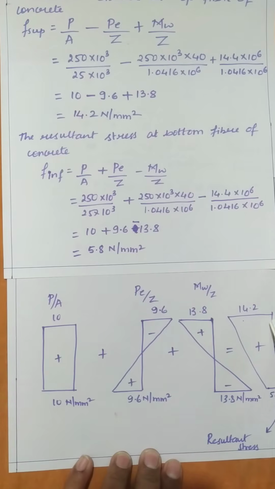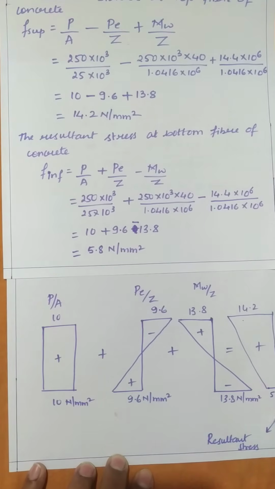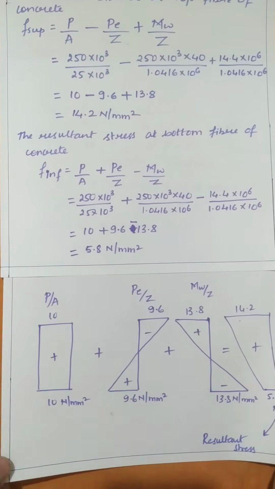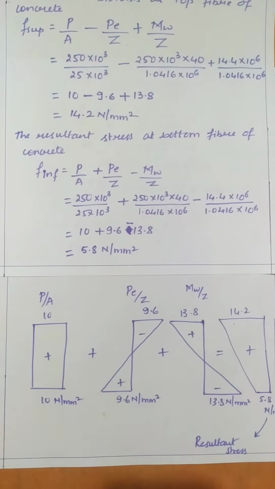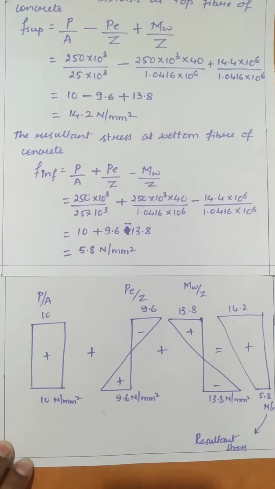Draw a vertical line, and towards left it is 14.2 at top fiber, at bottom 5.8 Newton per mm square. Join this. Always after finding the resultant stress at top and bottom fiber, you have to represent the resultant stress diagram after analyzing the pre-stressed concrete beam. This also carries weightage.